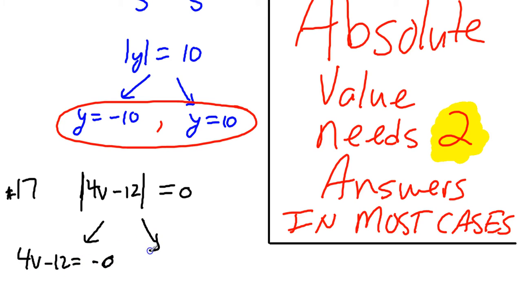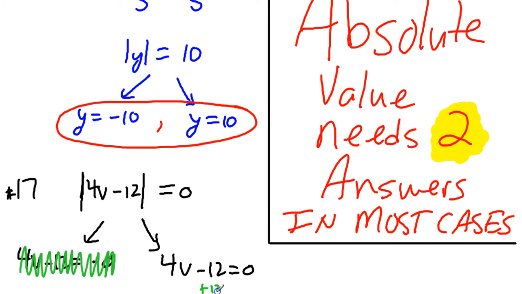But we just got finished saying that negative 0 doesn't exist. Negative 0, positive 0, it doesn't really have a sign, so you don't have to worry about the negative 0 because it doesn't really make any sense. So from there, you're just going to solve this one equation. So you could add 12 and then divide by 4. So for that one, you get one answer at v equals 3.